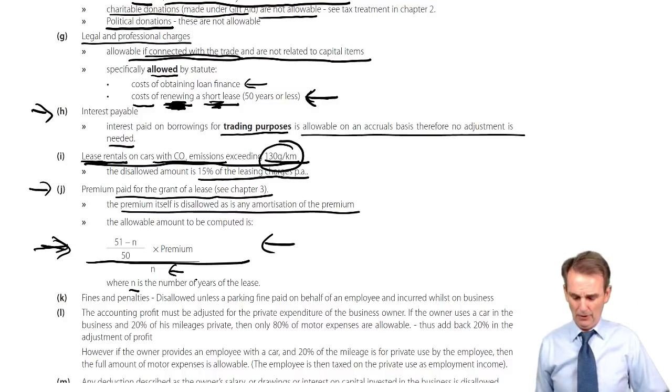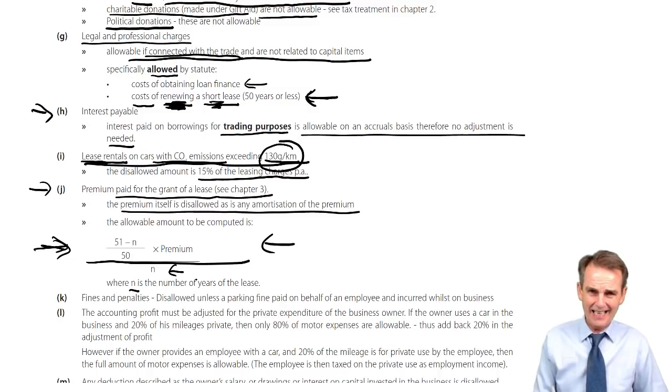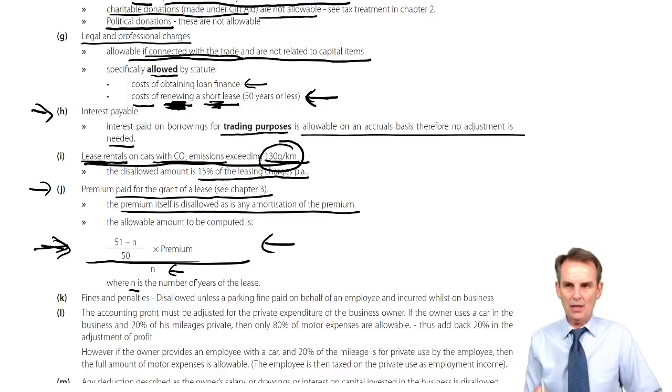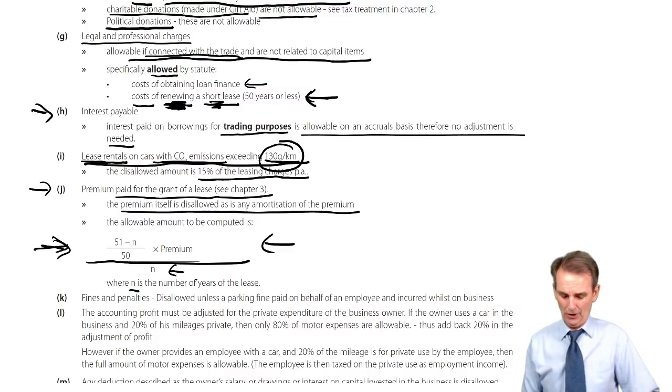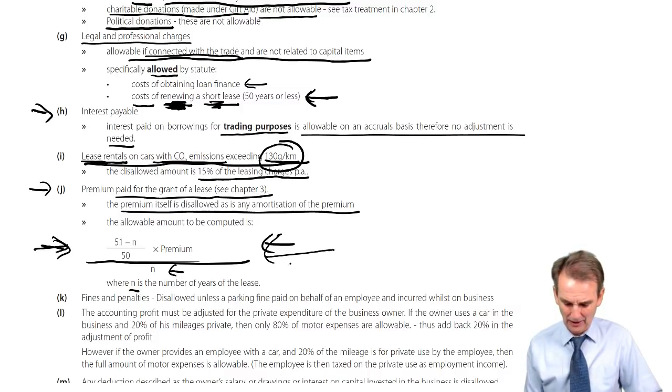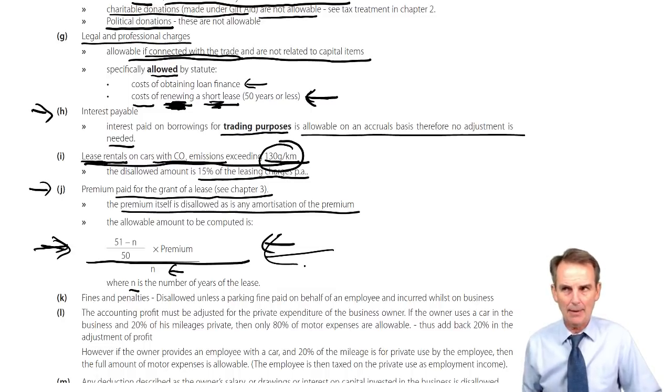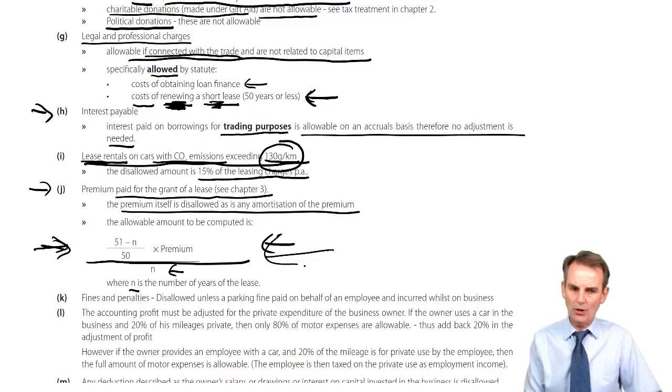Just remind yourself of those calculations, because here, in an exam question, you could be dealing with the tenant, the lessee, who has paid that premium during the accounting period, and we need to work out what is the allowable part. That is the basis for the calculation here. Income assessment on landlord, divide by number of years of the lease. If the cost has been debited, the accounting amortization has been debited, those are added back, and what we get to deduct instead is that figure there.